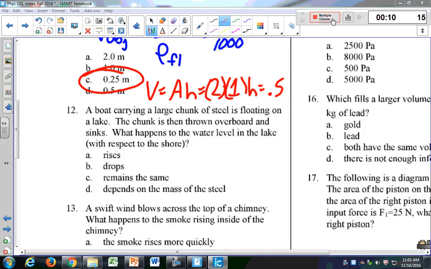So what happens is, you have a lake, you have a boat in the lake, the boat is holding a piece of steel. You take that steel and you throw it out of the boat and into the lake. What's going to happen to the water level in the lake? Is it going to go up? Will it rise with respect to the shore? Will the water level drop with respect to the shore? Will it remain the same, or does it depend on the mass of the steel?